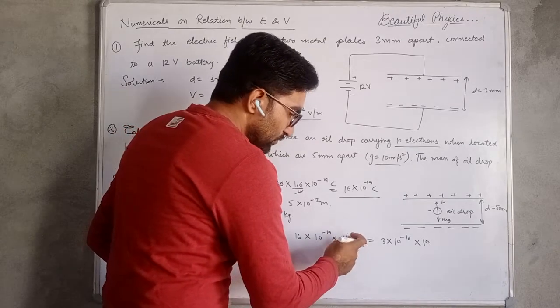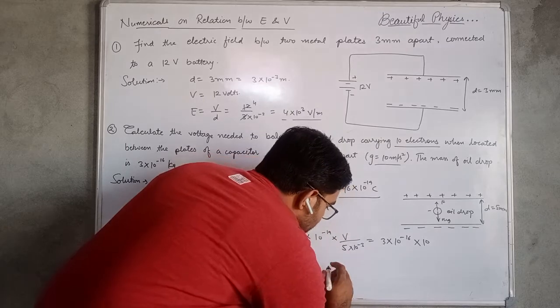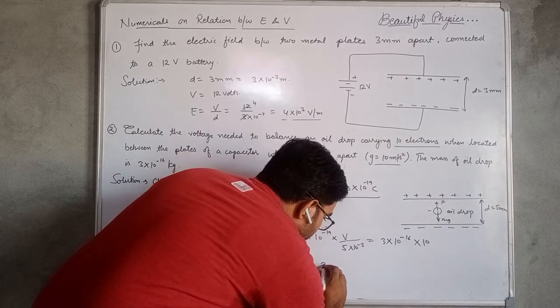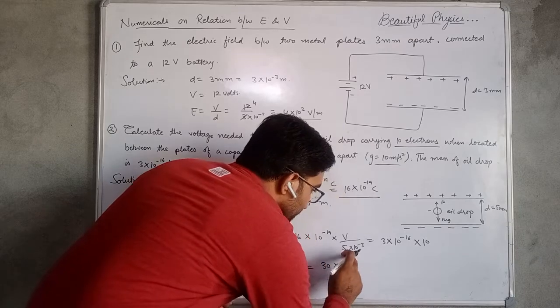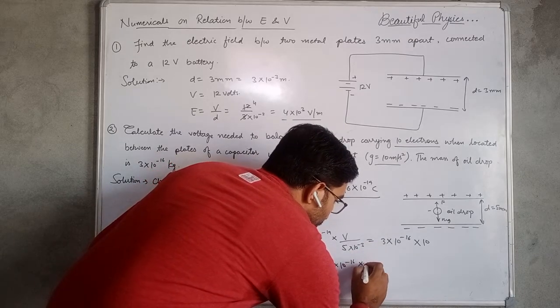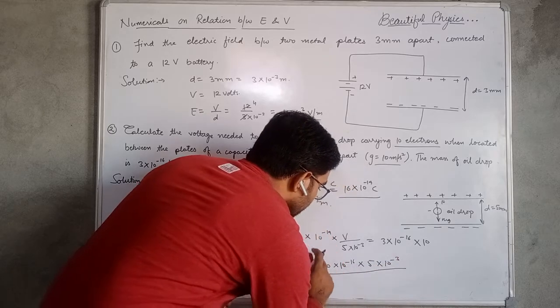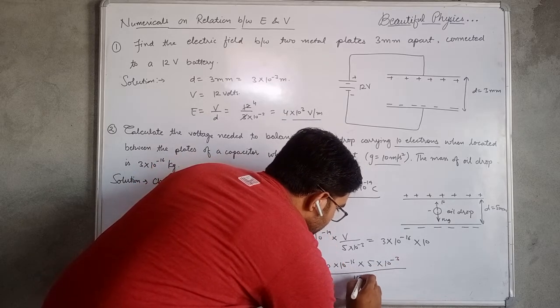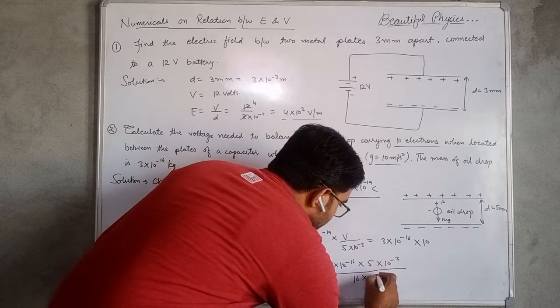We have to find the value of V, so cross multiplying the terms, V will be equal to 30 multiplied by 10 raised to power minus 16 multiplied by 5 into 10 raised to power minus 3, divided by 16 into 10 raised to power minus 19.